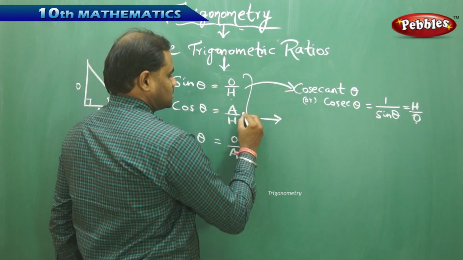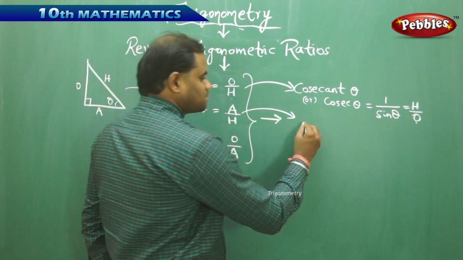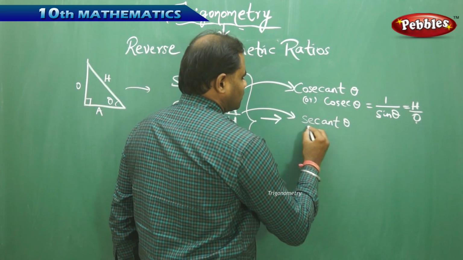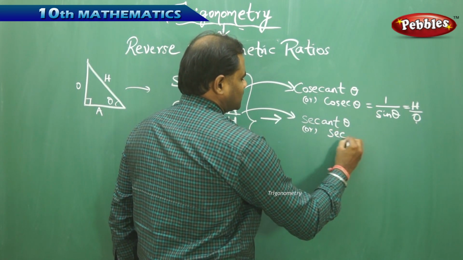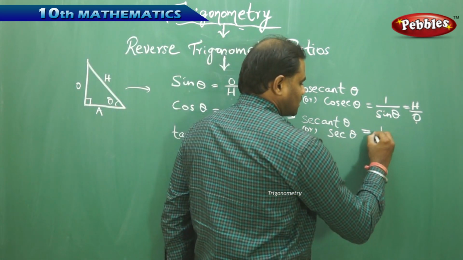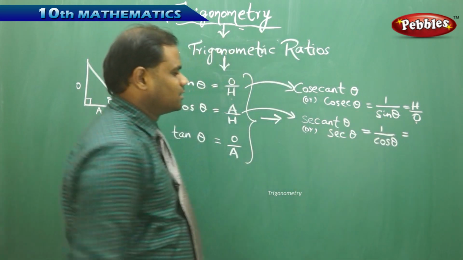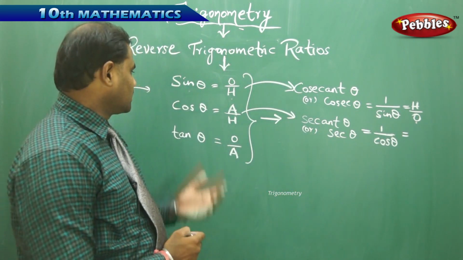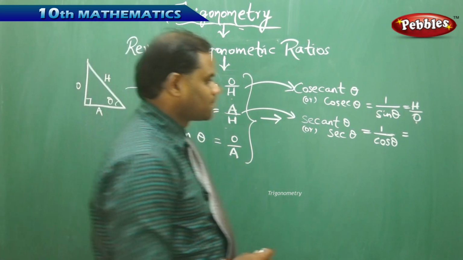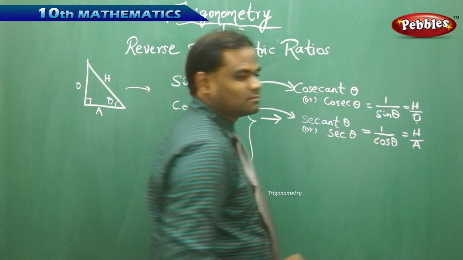Secondly, my cos theta when reversed gives me secant theta, or sec theta. This is nothing but the reciprocal of cos, and that is H by A, because A by H is cos. I get this as hypotenuse by adjacent.